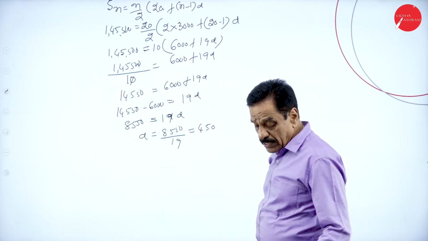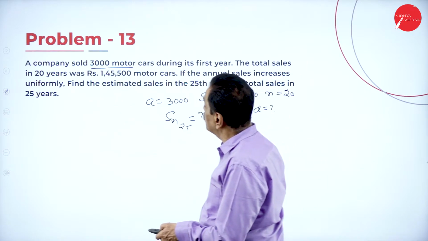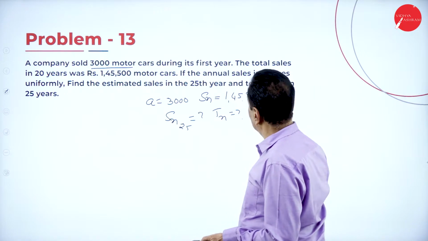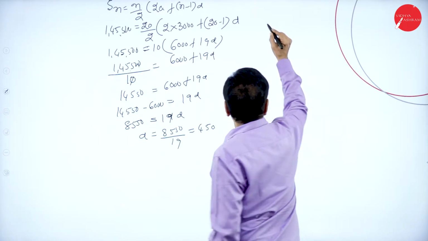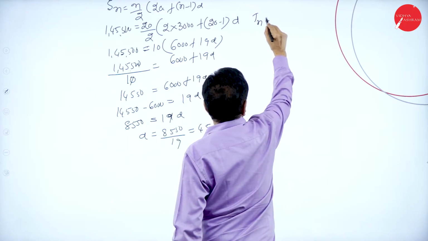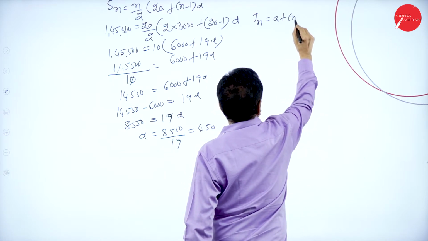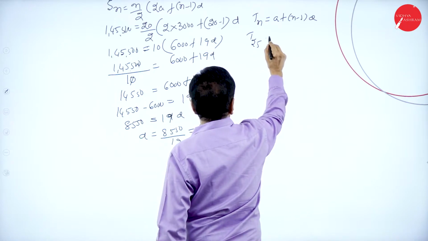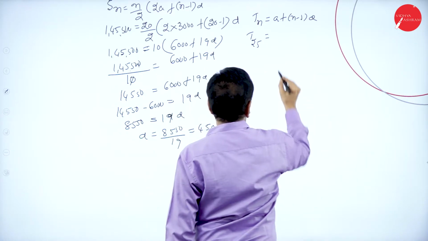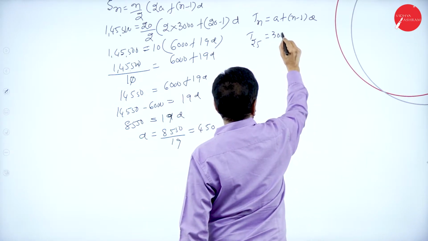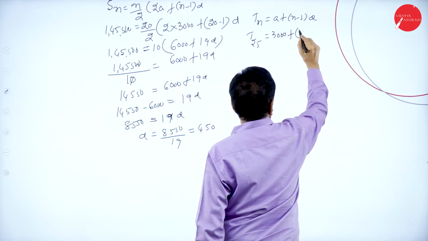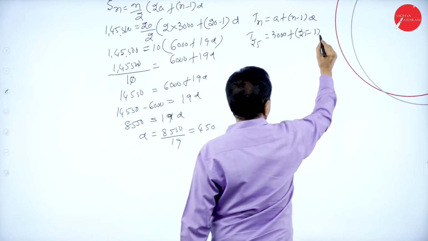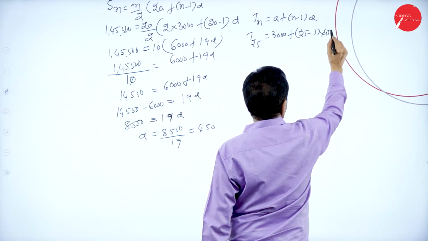Then, what is the next question he asked? Find the estimated sale in the 25th year and total sales in 25 years. Tn is equal to A plus N minus 1 D. T25 is equal to, what's your A? 3,000. How many years? 25 minus 1, into, what's the difference? 450.